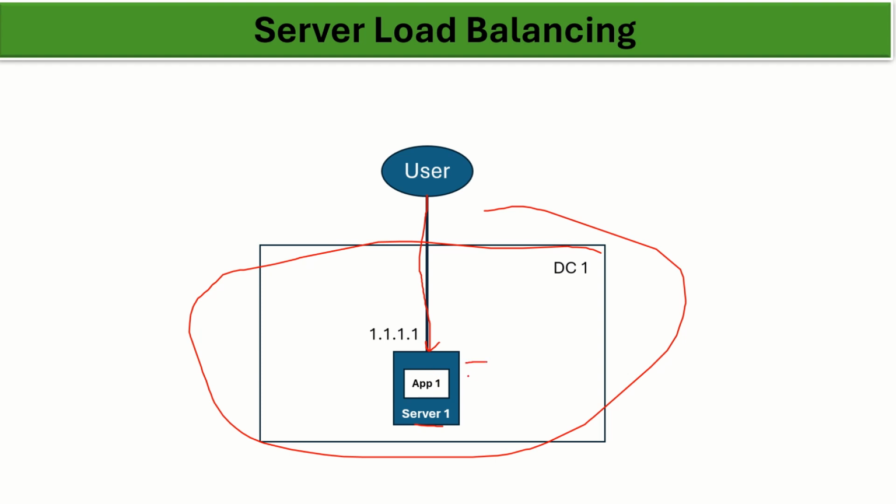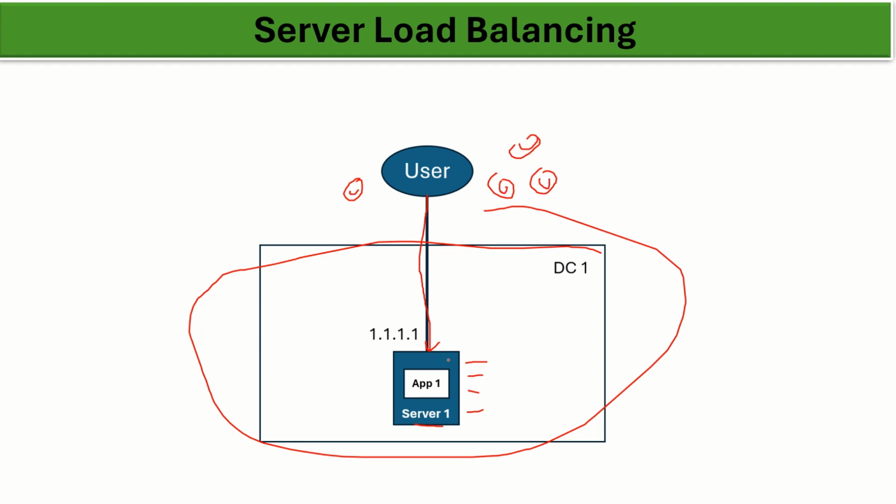The RAM, memory, resources, and related things are within the limit of utilization when there is a lesser number of users. However, now the number of users starts increasing. All these are shown as users.